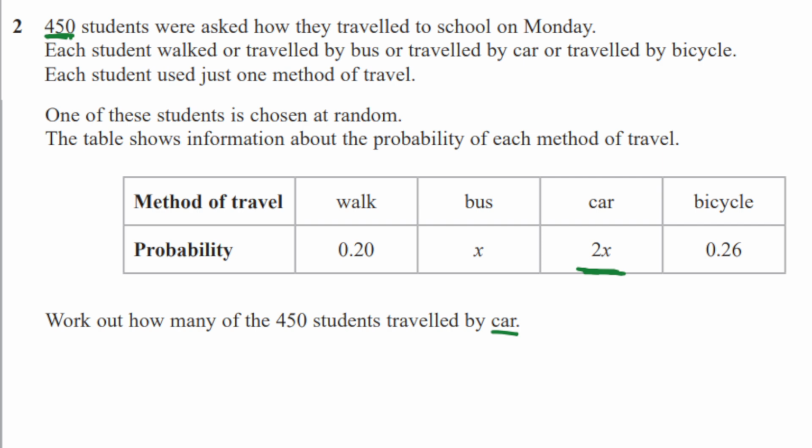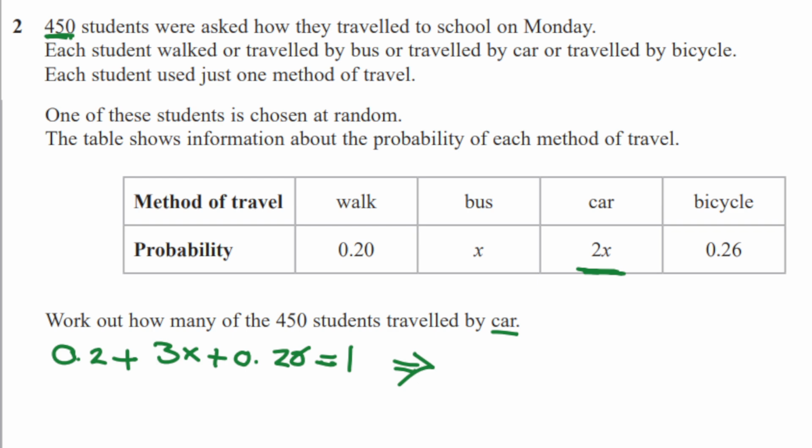Now how do we work out 2x? The first thing is the sum of these probabilities always add up to 1. Now if we do 0.2 plus x plus 2x, which is 3x, plus 0.26, that should give you 1. Now 0.2 plus 0.26 is 0.46.